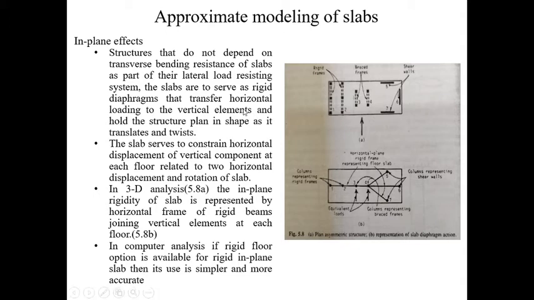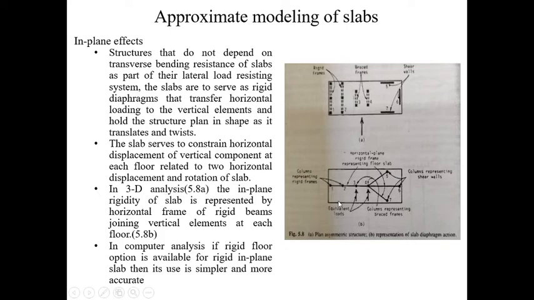Whatever horizontal loading is acting is being transferred to the vertical elements. So these slabs serve as rigid diaphragms that transfer the horizontal loading to the vertical elements, and they will hold the structural plan in shape so that it does not translate and twist. Then next, the slab will serve to constrain the horizontal displacements of the vertical components.